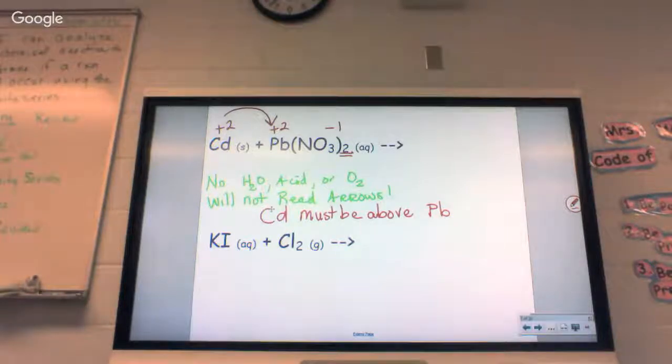It has to be high enough in the chart to knock the Pb out of that compound. It wouldn't matter because they're both positive. The two positives are what switch, right? The numbers themselves are irrelevant. The positive number is switching with a positive number. So when you say big enough, strong enough, that's correct.